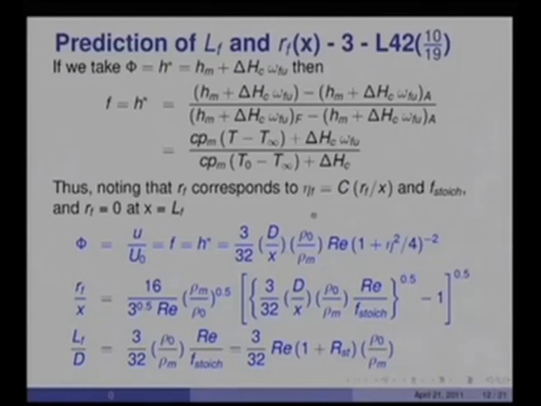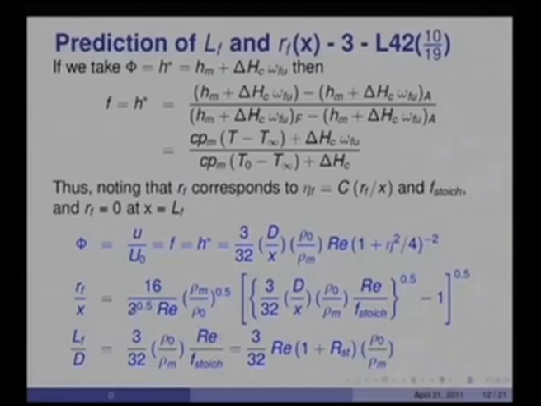So, at R f, if I replace eta by eta f, then I can recover R f by x equal to 16 by 3 raised to 0.5 R e into this density into that expression, where f stoic is of course 1 over 1 plus R s t.